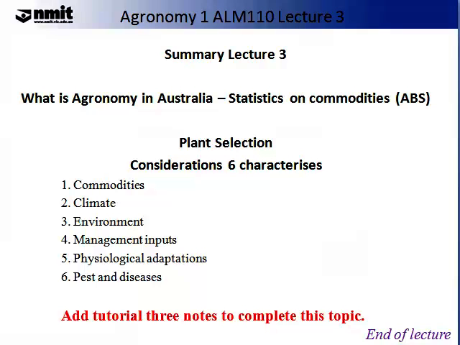We have looked at the considerations of plant selection, of which there are 6: commodities, climate, environment, management inputs, physiological adaptations, pests and diseases. You will note that we have looked at Lecture 2, climate interactions, in some consideration, but we will go into further depth about management inputs, physiological adaptations and pests and diseases in further lectures.